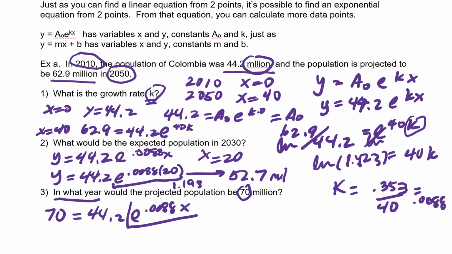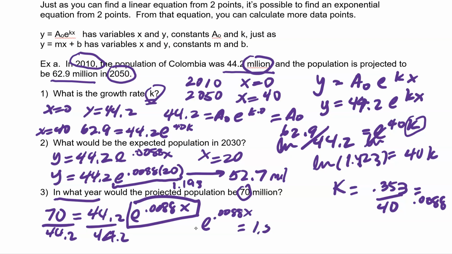Again, we need to first isolate the exponential expression. So we divide both sides by 44.2. So this exponential expression, e to the 0.0088x, is equal to about 1.584.